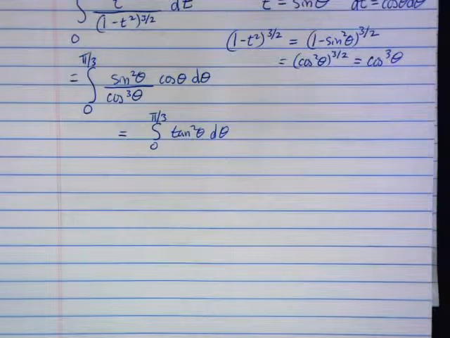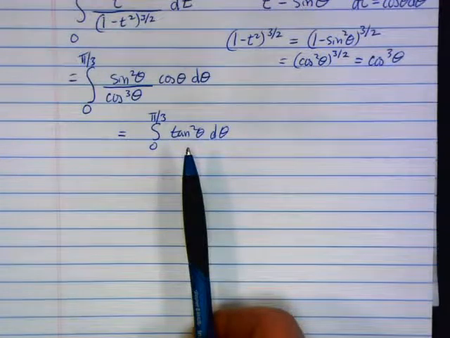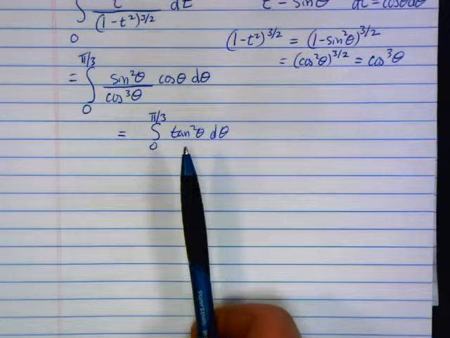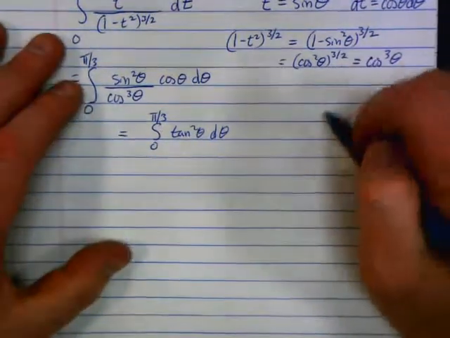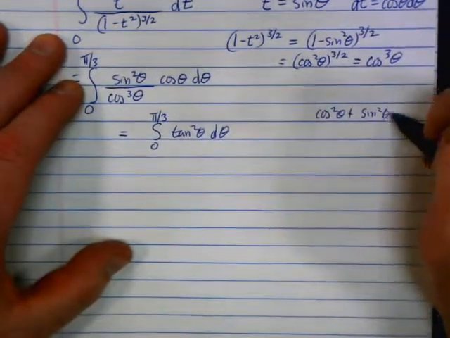Can you write tangent squared as 1 minus secant squared? You use the Pythagorean identity. That's correct. So how'd that work again? I know that sine squared plus cosine squared equals 1. So tangent squared is, what was that identity? Cosine squared plus sine squared equals 1.